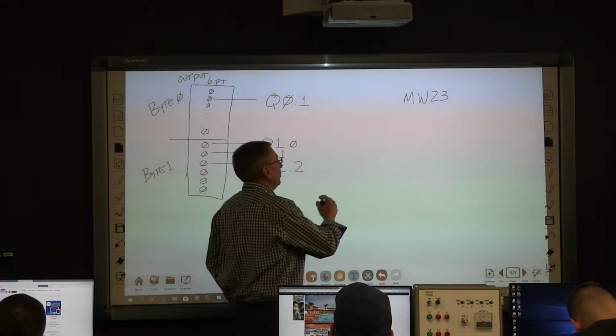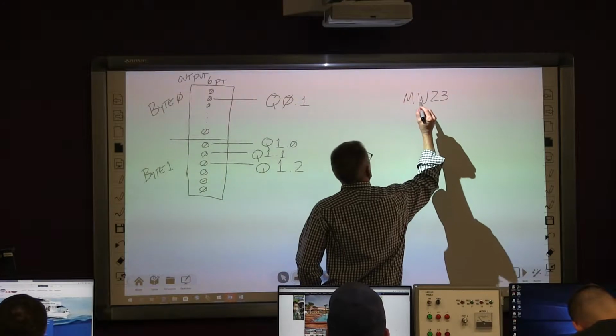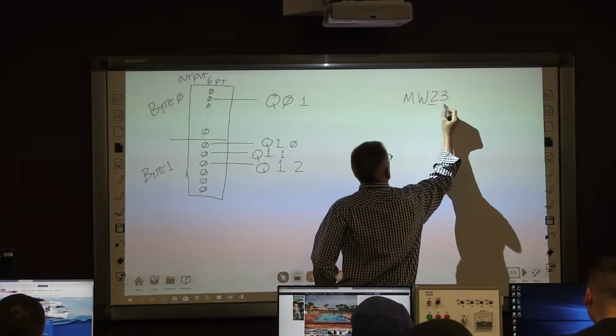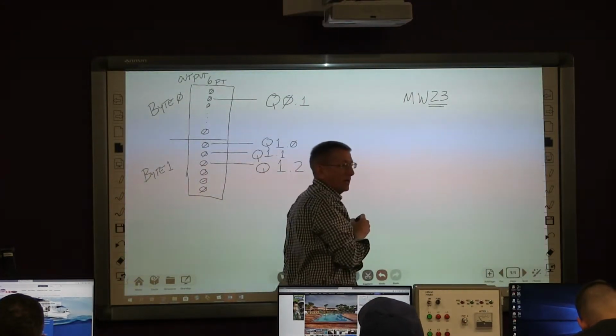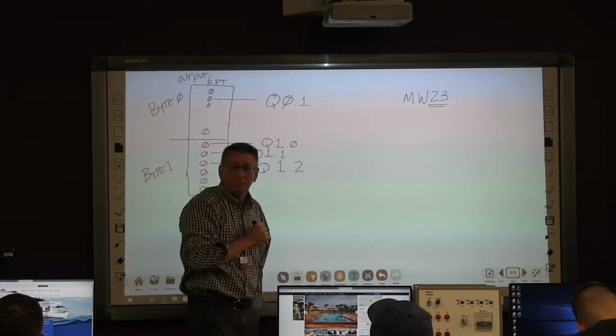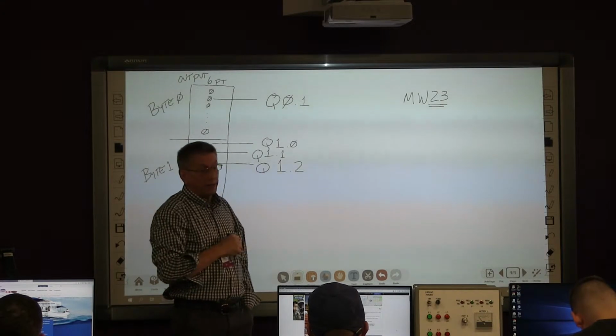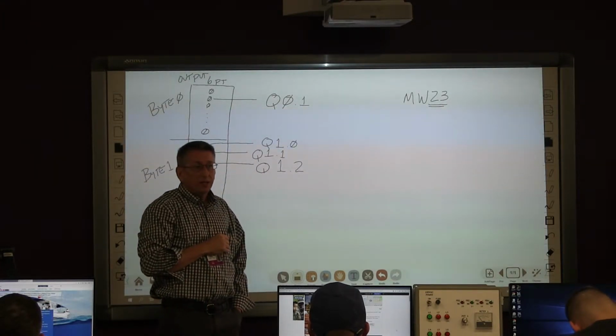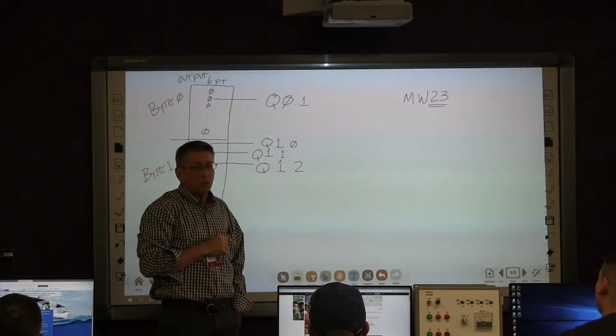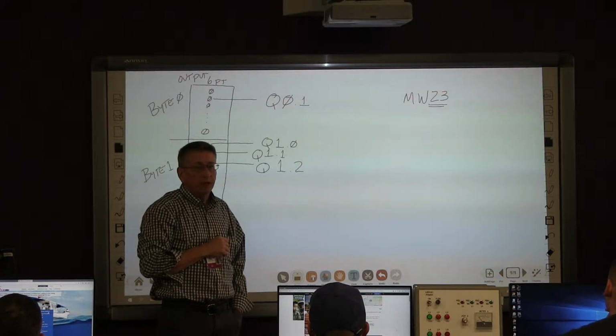Here's the difference too. Memory word, the starting byte address is 23. That's just a random example, and you can make it about any number you want. It's pretty flexible for addressing.